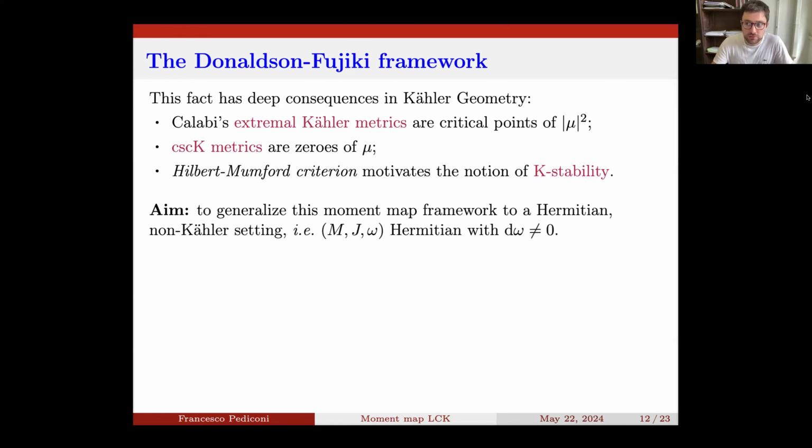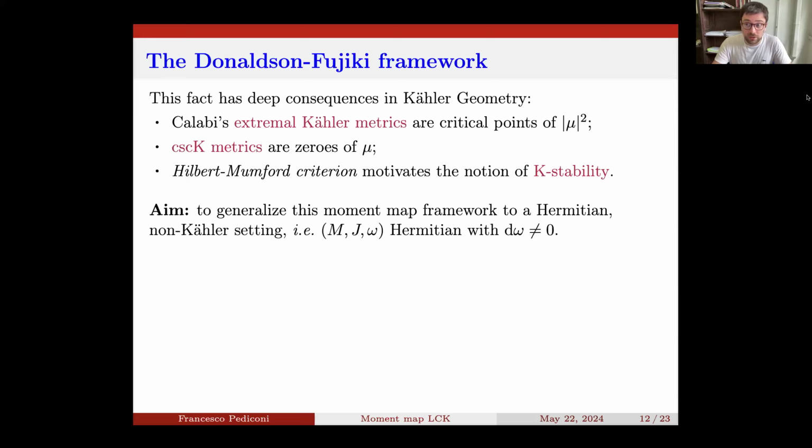And one natural question now is, okay, this is very good in Kähler geometry, but as we know, not every Hermitian metric is Kähler, and not every Hermitian manifold admits Kähler metrics.